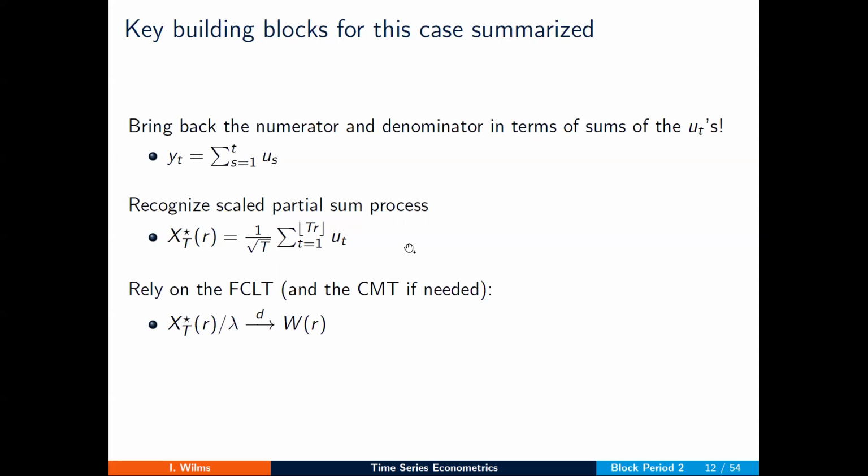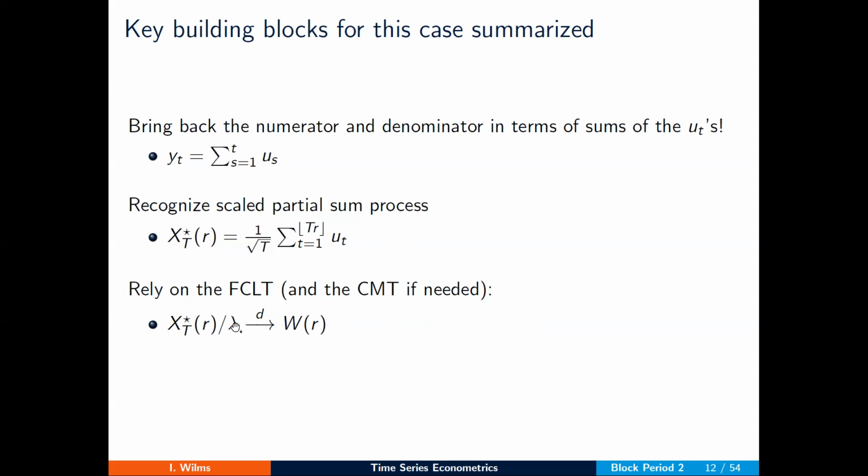Then once we have an expression with partial sums of u's, we need to relate them back to our scaled partial sum process X star by writing out what this r is in a particular case, namely the fraction of the sample over which we sum. Once we have an expression with our scaled partial sum process, we can rely on the functional central limit theorem and the continuous mapping theorem if needed to obtain our limiting distribution.